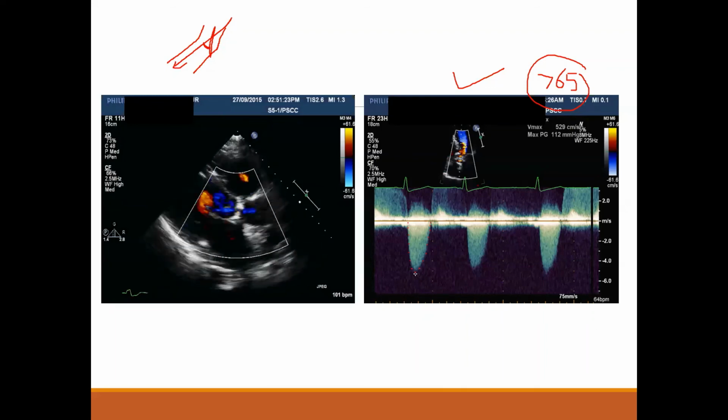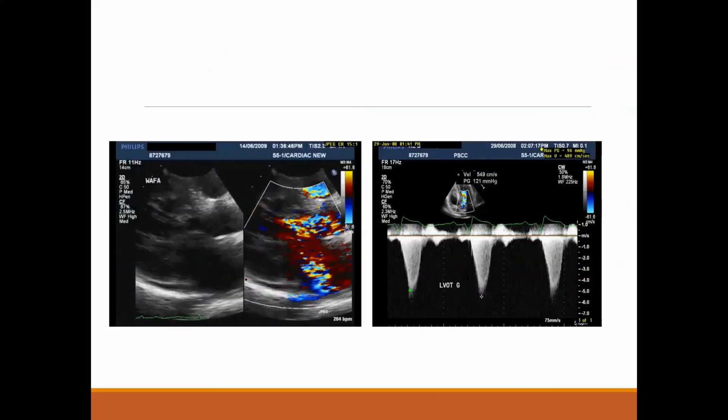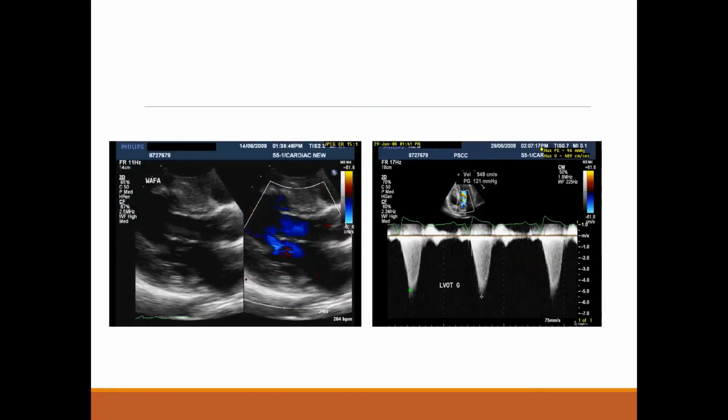In this case, you have to search for other windows like right parasternal, suprasternal, and so on. So don't give up. Whenever you are dealing with morphologically severe aortic stenosis, try to exhaust all the chances. Exactly. So I think we are going to stop here, and we might take it from this slide later on. Okay.